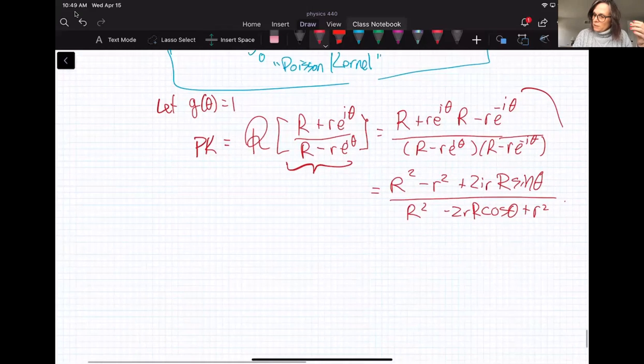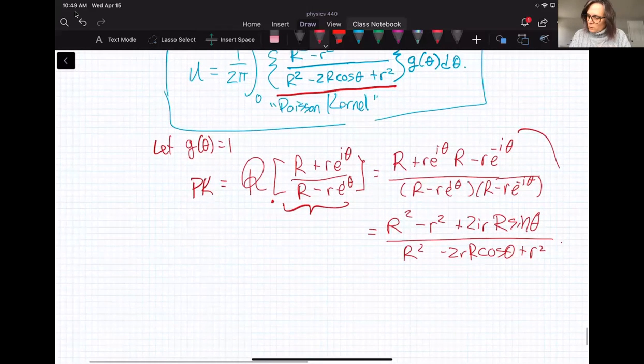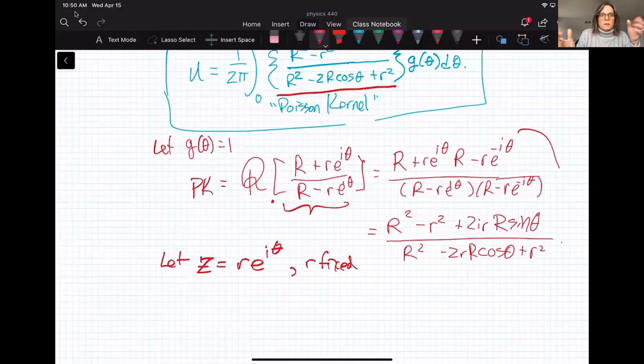Okay. So if this Poisson kernel can be written in this form, then again, we can go back to how we've defined z. So let z be equal to little r e to the i theta with r fixed. In other words, we're finding what the temperature is in this particular problem at a specific r.